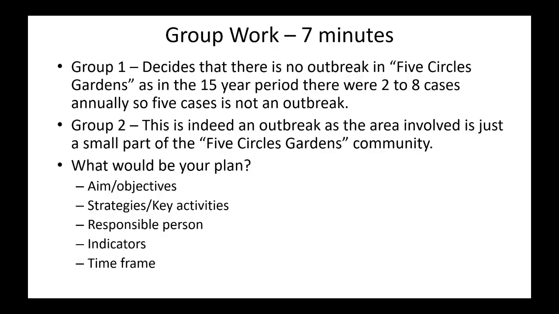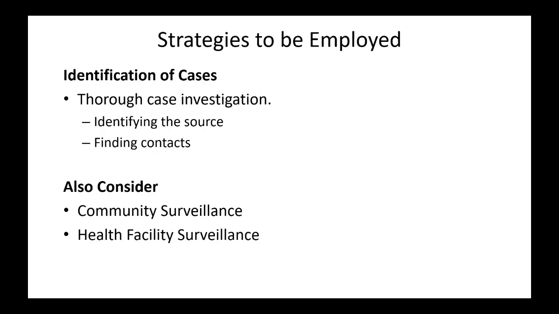In a sense, this is just a small area of Five Circle Gardens because it's a bigger area, and if the cluster is just right there, it could be an outbreak. So things to consider for further investigation: identifying the source and finding contacts.